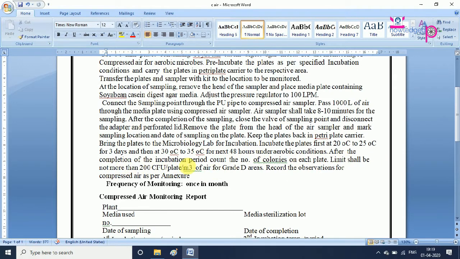After the completion of the incubation period, count the number of colonies on each plate. This is very important. We have to count the number of colonies formed on that particular plate.